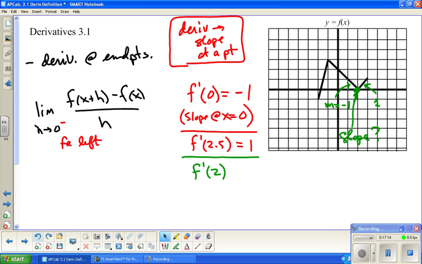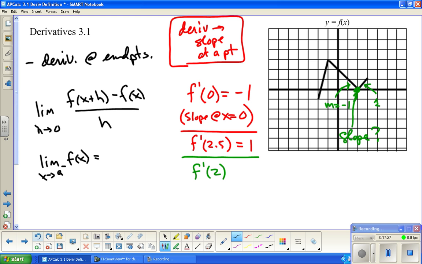And in order for a limit to exist, remember the two-sided limits have to match. So if the limit as x approaches a from the left equals the limit as x approaches a from the right, then the limit as x approaches a is equal to whatever those were.